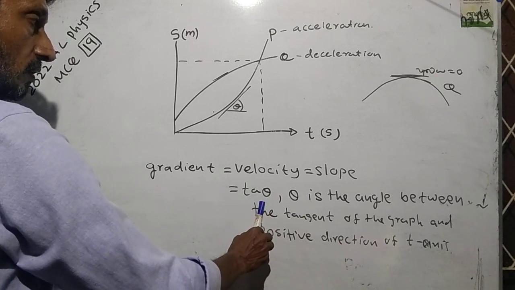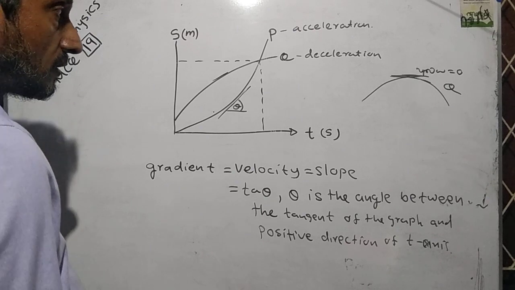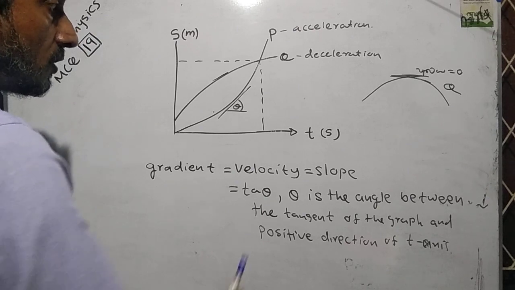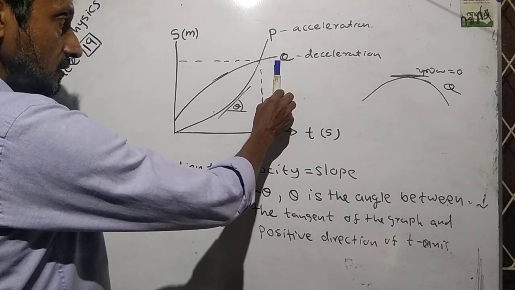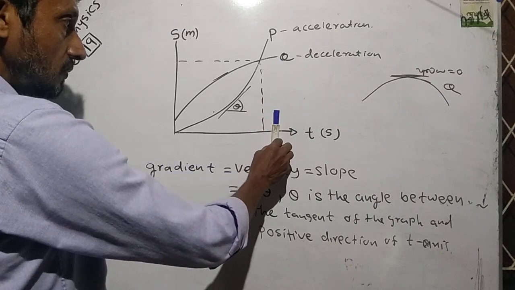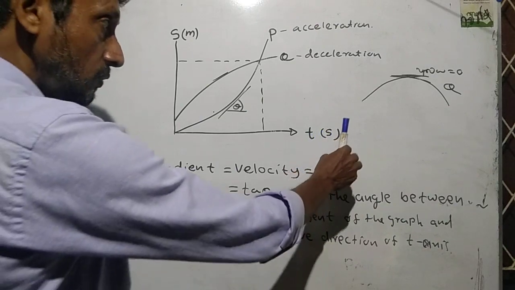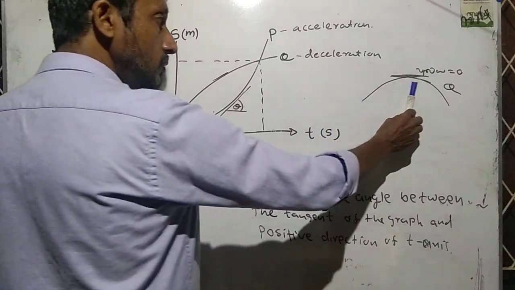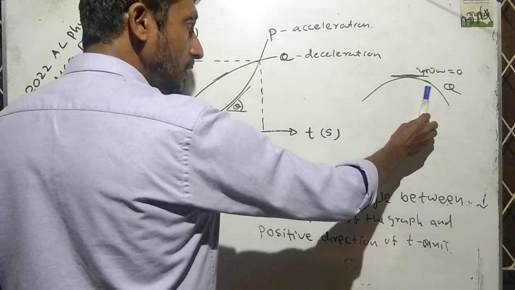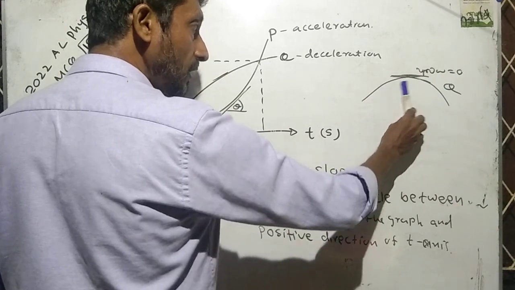But beyond this point, if the deceleration of Q continues, the behavior of the graph may be like this.